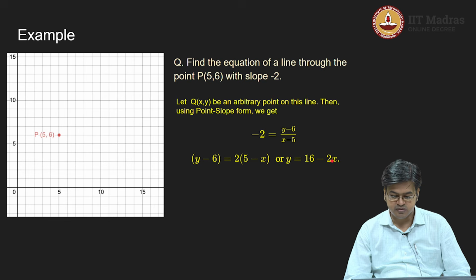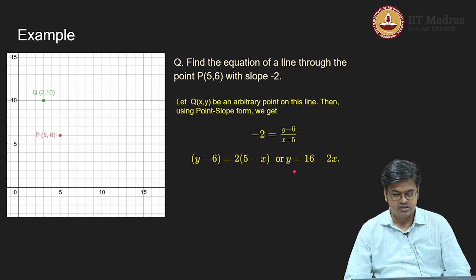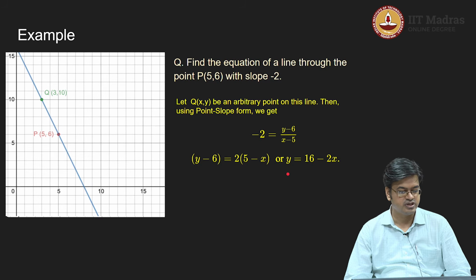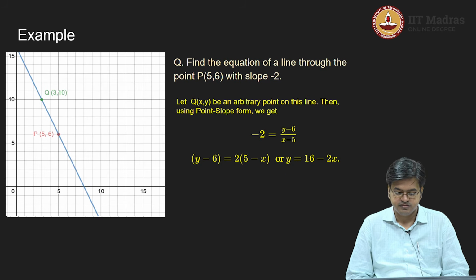So that means the point (3, 10) should lie on this particular line. So let us see that (3, 10) is here. And now you know from basic geometry that 2 points uniquely identify a line. So you can just draw a line using your ruler passing through these 2 points. This is the line that we are expecting.